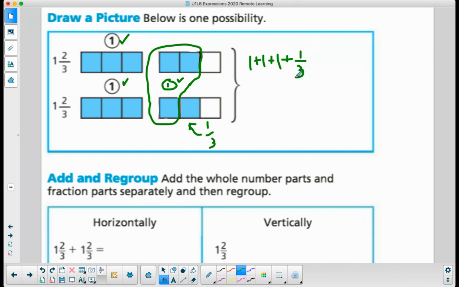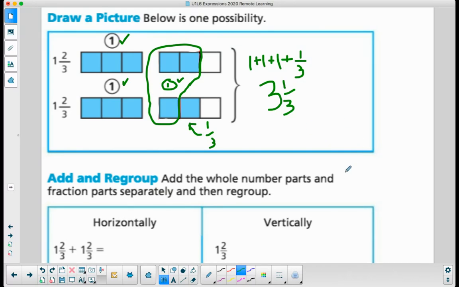So now what is that? Well, I can add my wholes. 1 plus 1 plus 1 is 3. And then add my fraction parts I have left. 1/3, 3, and 1/3.